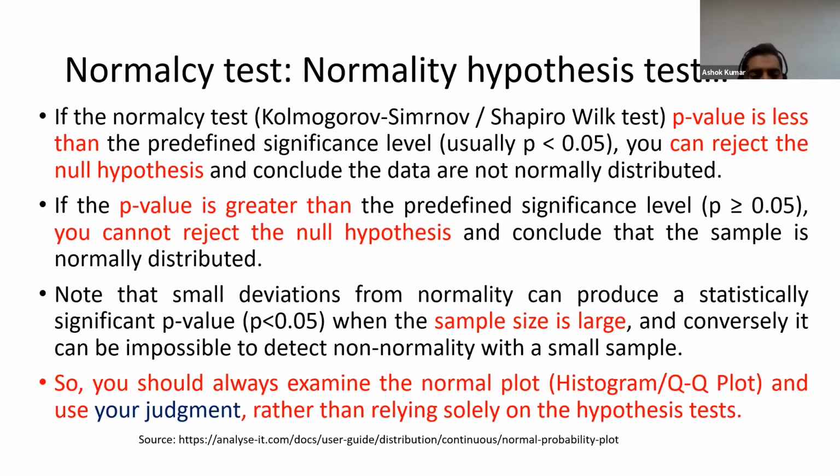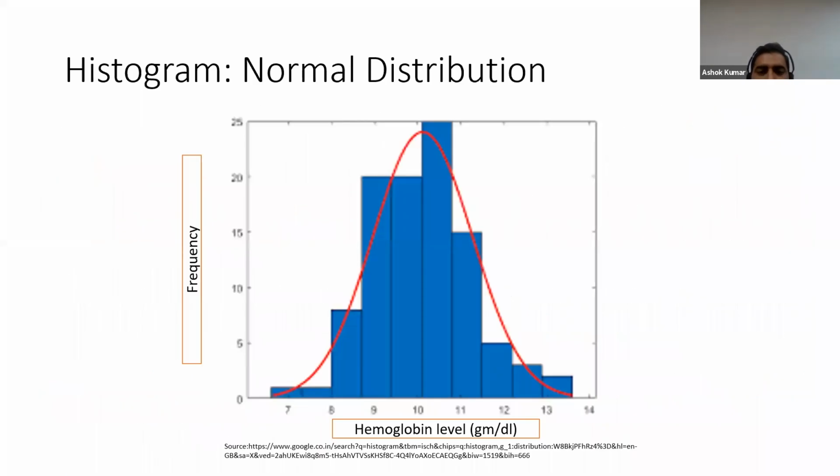Conversely, it can be impossible to detect non-normality with a small sample size. So we should always examine the normal plot also, like a histogram or QQ plot, and use our judgment, researcher judgment, rather than relying solely on hypothesis testing. So we have to remember this.